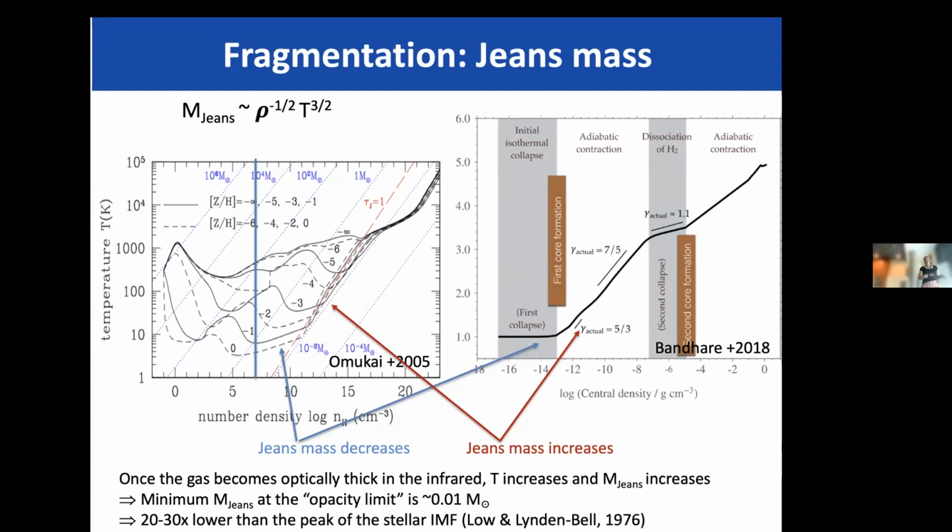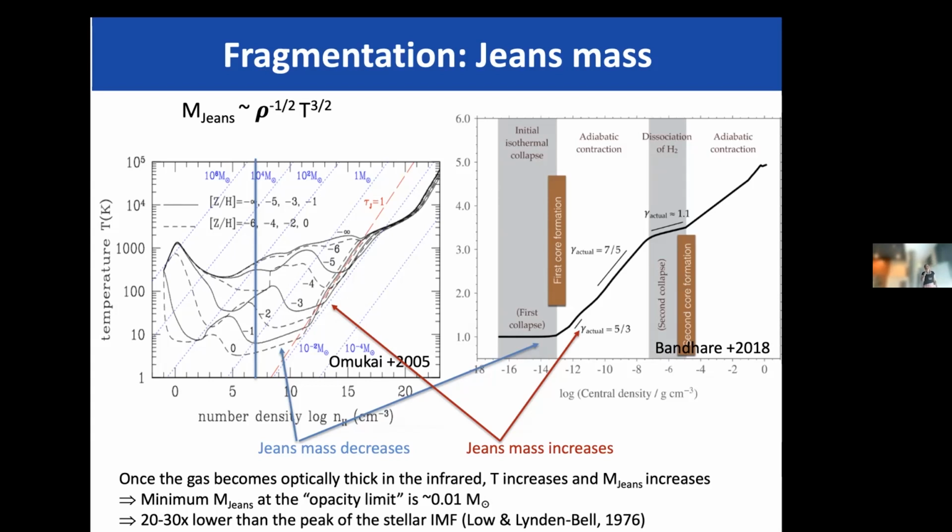And so basically, if you think about modeling, we think about an adiabatic index, which describes how our gas reacts to changes in pressure. Then we go from an adiabatic index which is around 1 for the isothermal phase, to an adiabatic index which is higher than 1, so about 5/3 or 7/5. This is for molecular gas. In this regime where you cannot cool efficiently anymore, so it's basically adiabatic behavior.